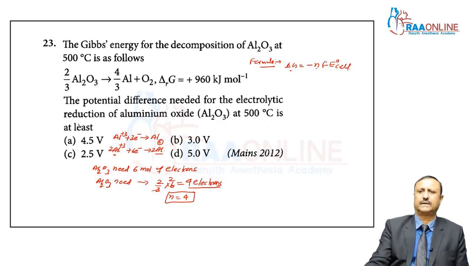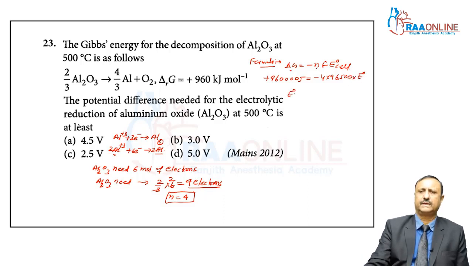So, here delta G is plus 960 kilojoule, and this kilojoule is converted to joule. Then, with minus n as 4 times 96,500, you can calculate the E naught cell.